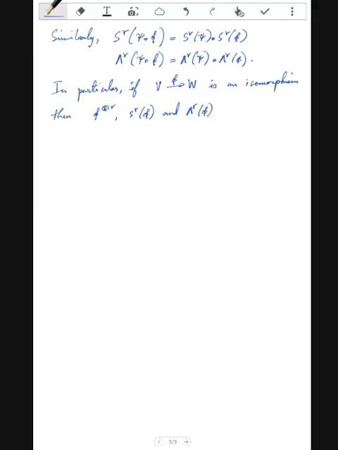So in particular, if phi from V to W is an isomorphism, then the associated maps phi tensor r, S^r phi, and exterior r phi are isomorphisms.